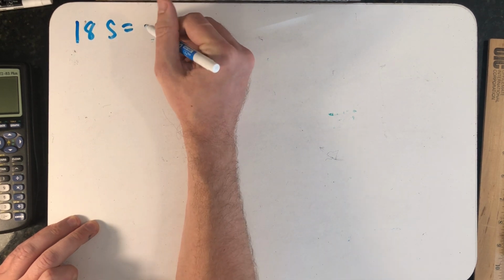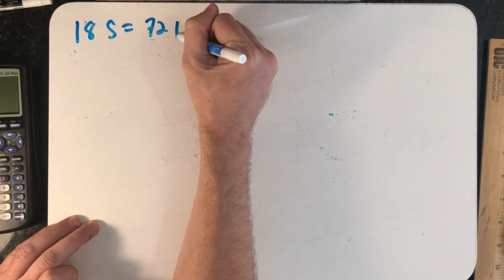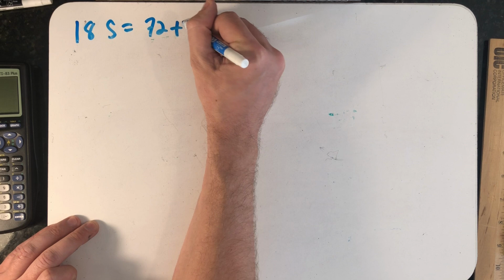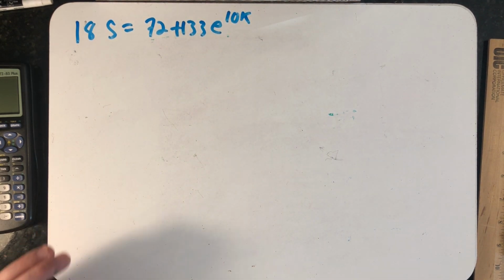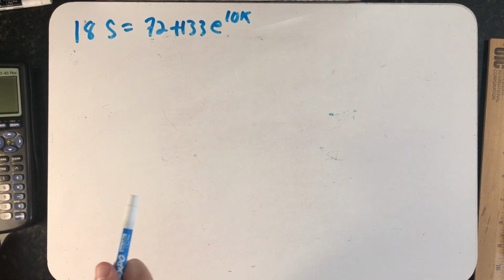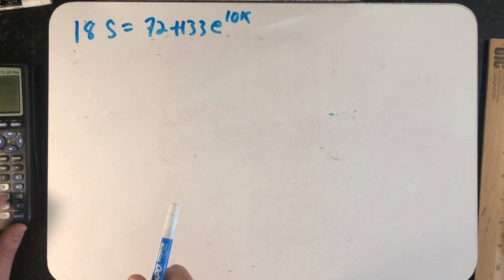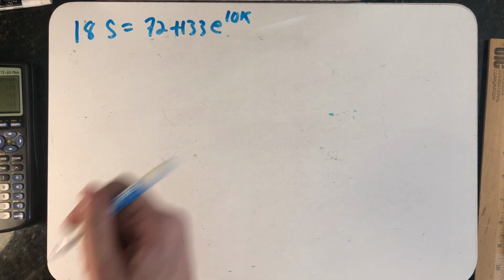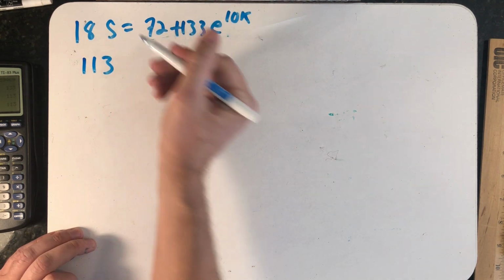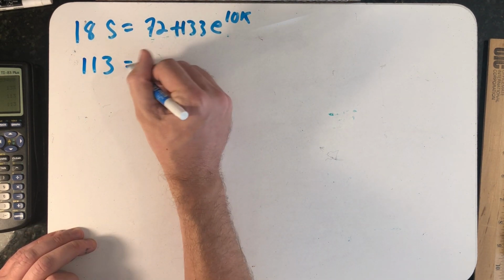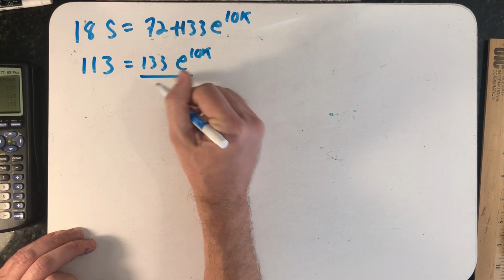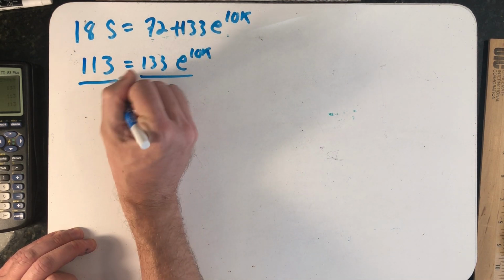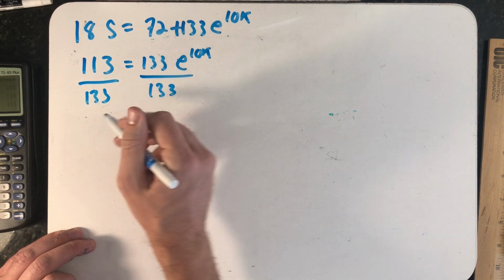185 equals 72 plus 133 e to the 10 times k. So I need to take 72 away from both sides. 185 minus 72 is 113. Now I can divide everything by 133. I'm just trying to isolate the exponential part of the equation.